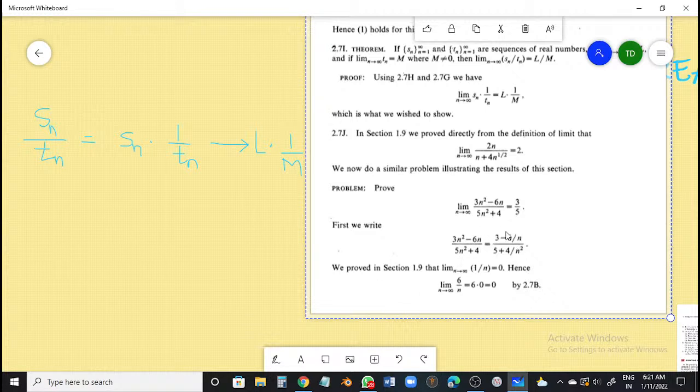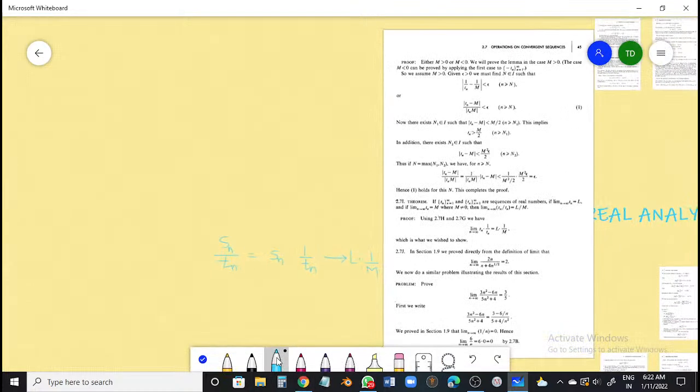Inside we are left with 3 minus 6 over n upon 5 plus 4 over n square. Now we know 3 is a constant, we should not bother about it. We are just thinking of what happens to 6 by n, and as we know the limit of 1 by n is 0, the limit of 6 by n will be 6 times 0, meaning 0. This way we are going to handle the sequences.